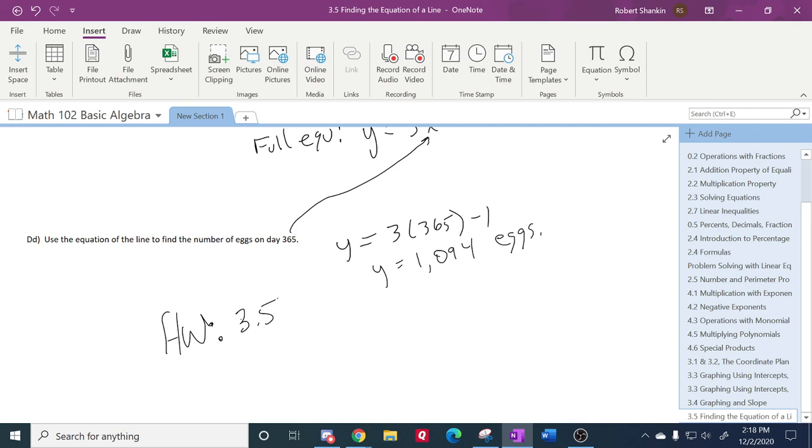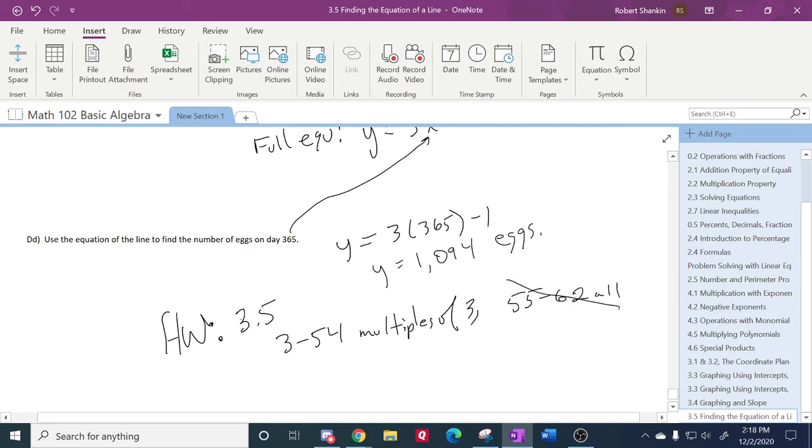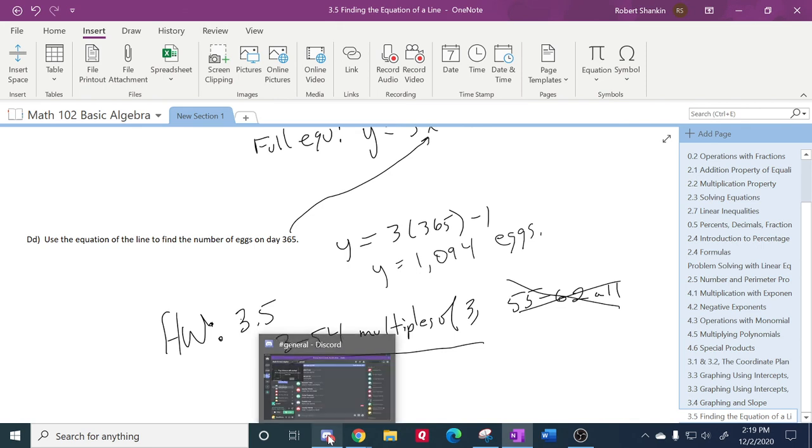So the assignment is 3 through 54, multiples of 3. And then it says 55 through 62, all. Let's knock that out of there. Just do this part. And I'll modify that in the assignment list on Canvas.